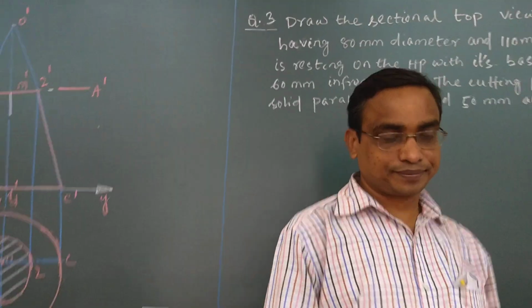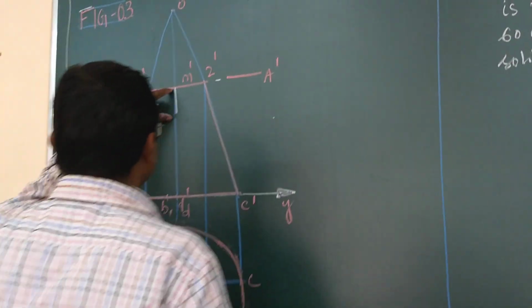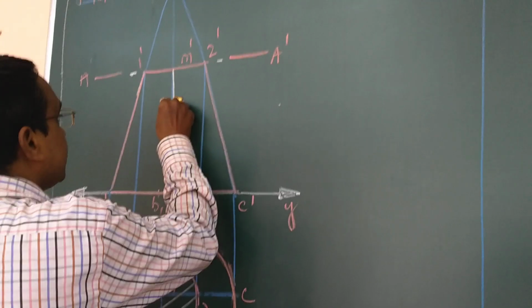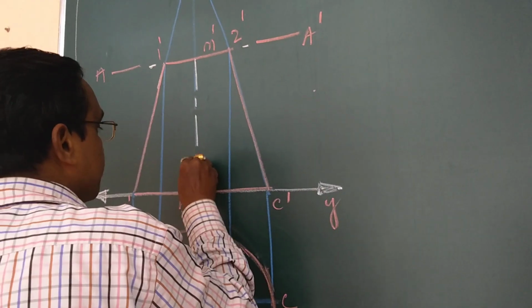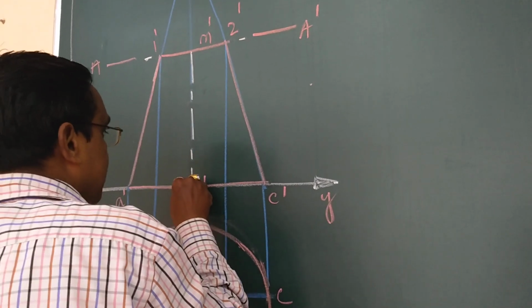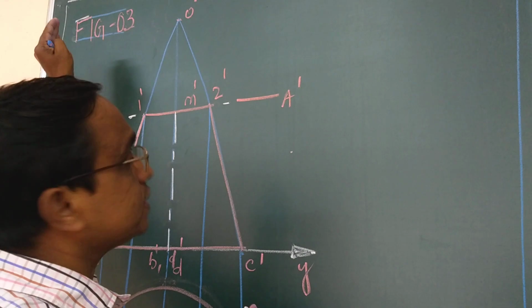And here you draw the axis line: 6 mm, gap is 2 mm, then 2 mm line, gap is 2 mm, then 6 mm, gap is 2 mm. Accordingly you draw the axis line. Here you don't draw because no material is here, already it is removed.